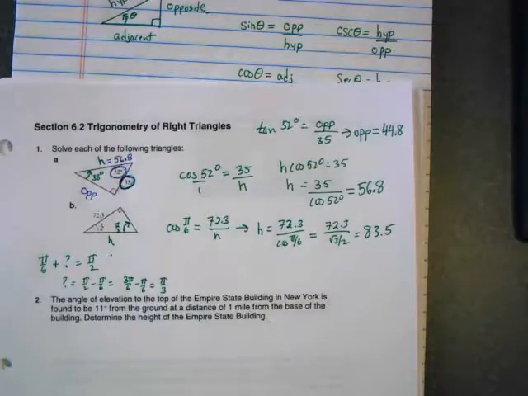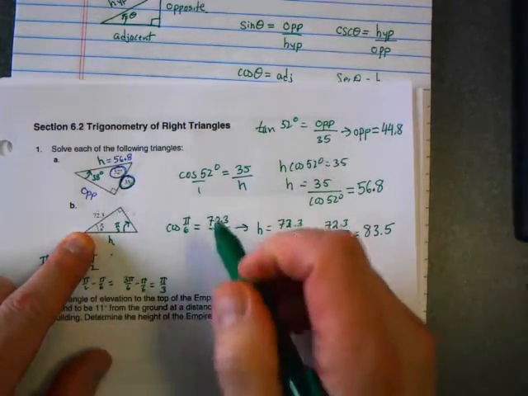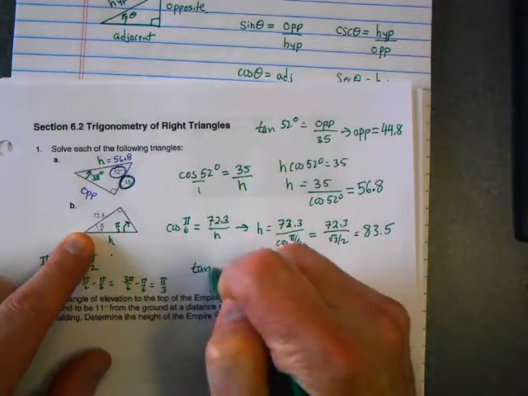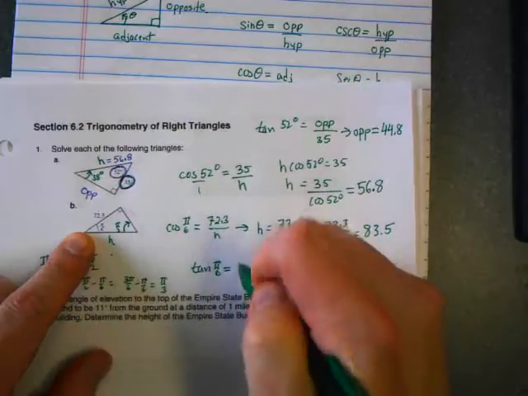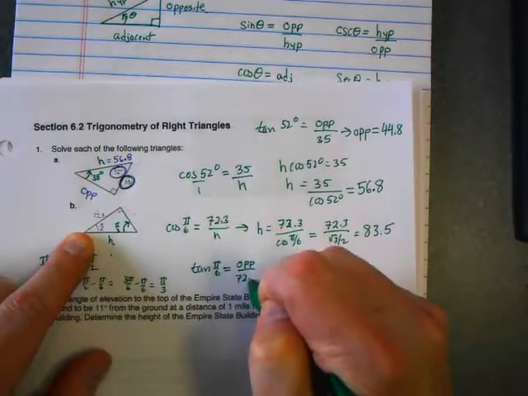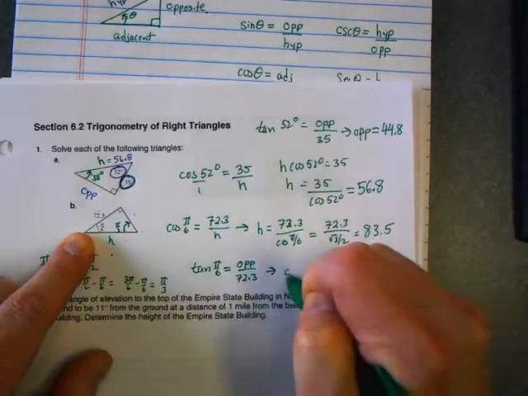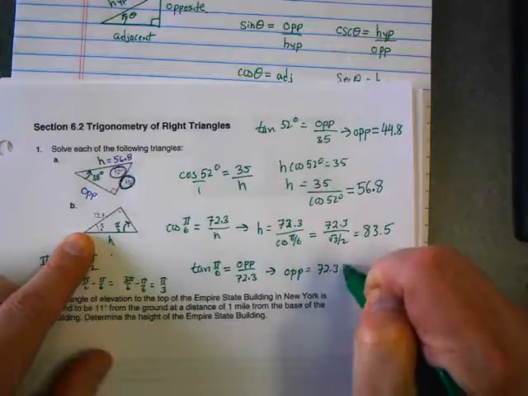All right, and then again, to find the other side, I think I would use tangent. So tangent of pi over 6 is going to be the opposite over adjacent, 72.3, which means our opposite side is 72.3 tangent pi over 6.